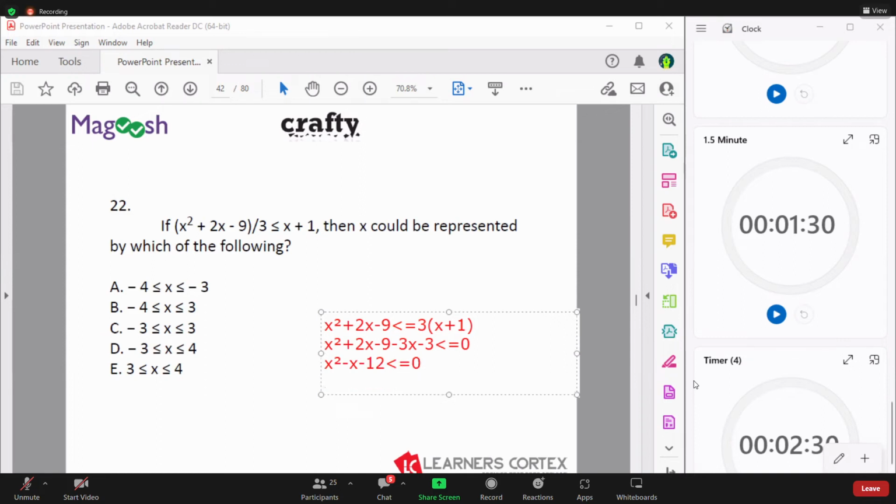The factors would be x squared minus 4x plus 3x minus 12. Then x common x minus 4 and plus 3 common x minus 4, less than or equal to 0. Does that make sense until here?